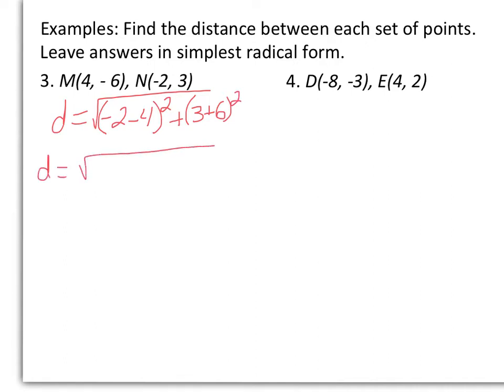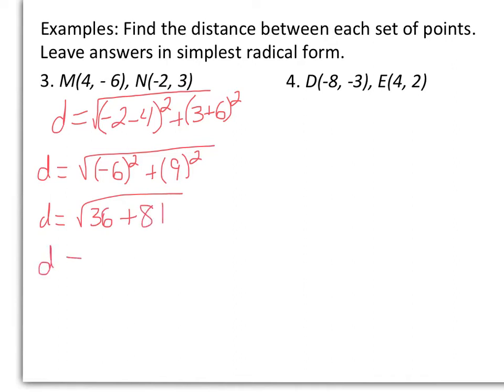So again, square root, negative 2 minus 4 gives me negative 6 squared, plus 3 plus 6 is 9 squared. Still simplifying. Negative 6 squared is 36. And 9 squared is 81. 36 plus 81 is 117.